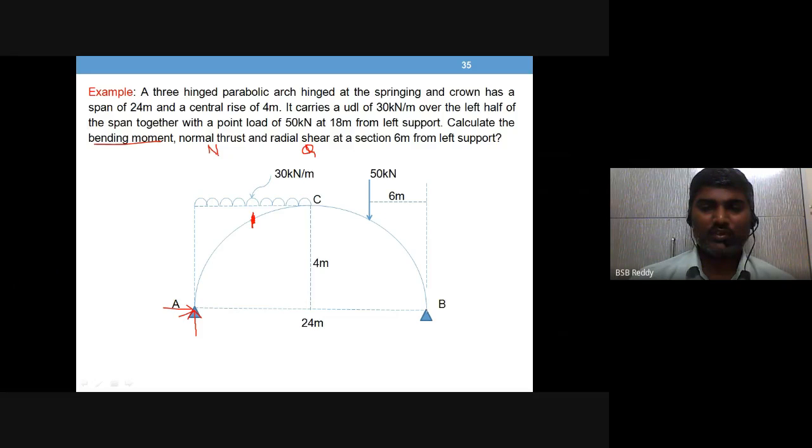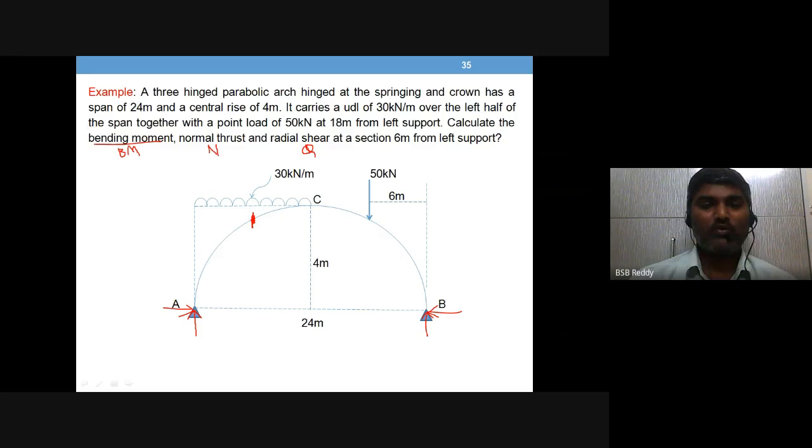These support reactions are necessary prior to solving for any internal forces. Whatever is being asked, either bending moment or normal thrust or radial shear, are the internal reactions in the arch. So first you need to solve for these four external reactions. Then only it is possible for you to solve these internal reactions, the bending moment.